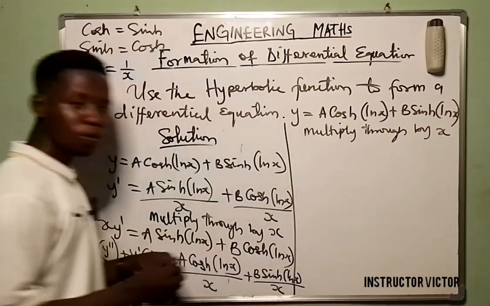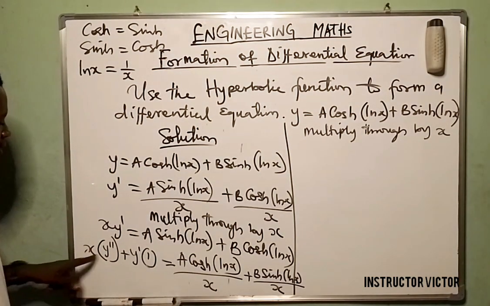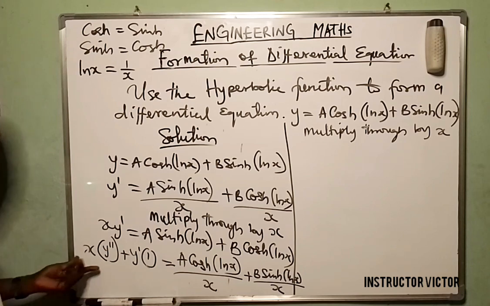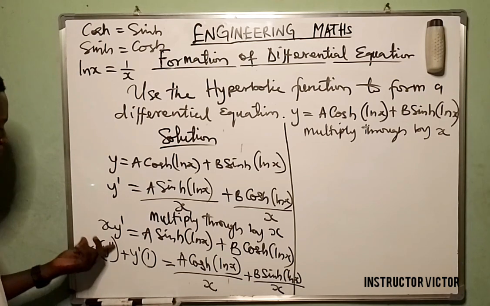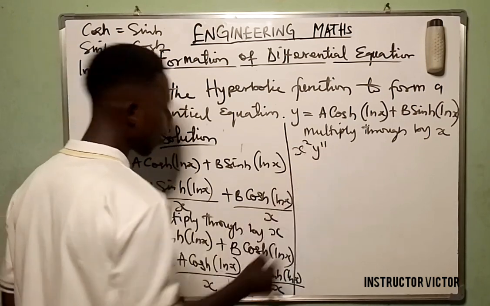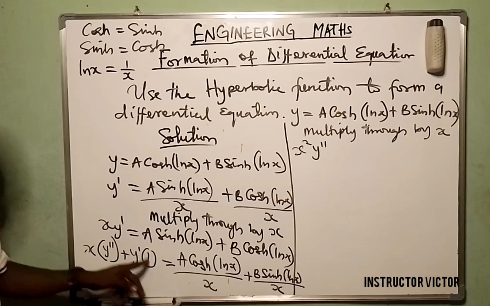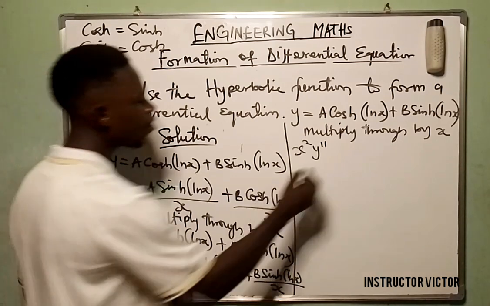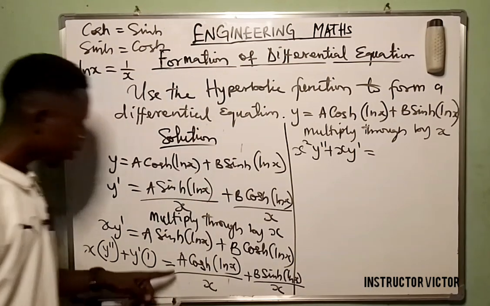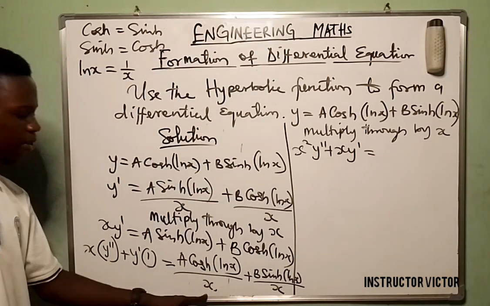So when you multiply through by x, you are going to have here multiply by x, this place multiply by x, and other things here multiply by what? x. So x times x y prime prime, you'll have x square y prime prime. x times y prime times 1 will give us y prime. So x times y prime, you'll have x y prime, equal to x multiplied by everything that you have here. That x will cancel the x on the denominator.